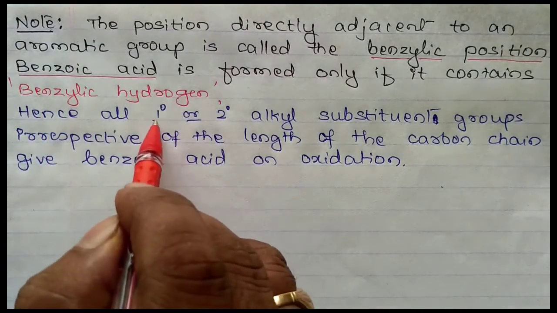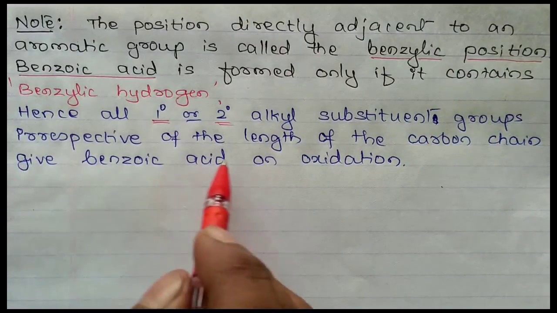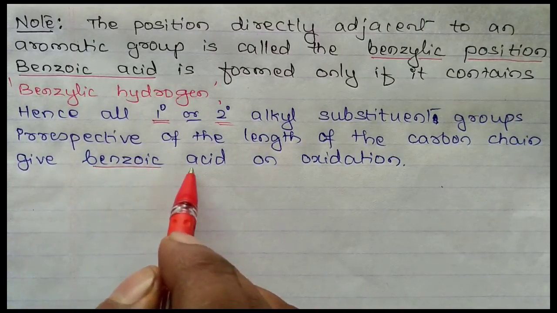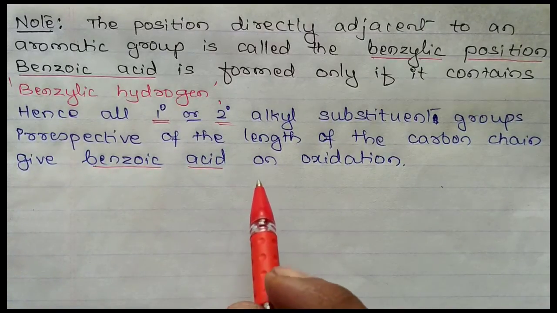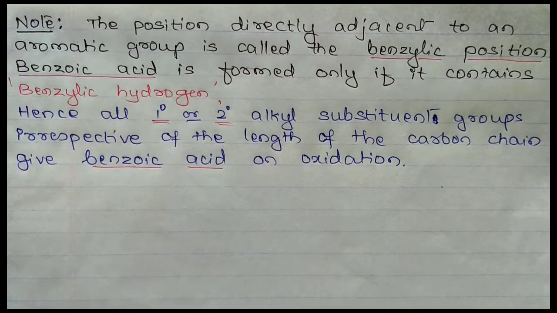Hence, all primary and secondary alkyl substituent groups, irrespective of the length of the carbon chain, give benzoic acid on oxidation. Whatever the length of the side chain, you are going to get benzoic acid as the final product. Now we'll discuss one example.